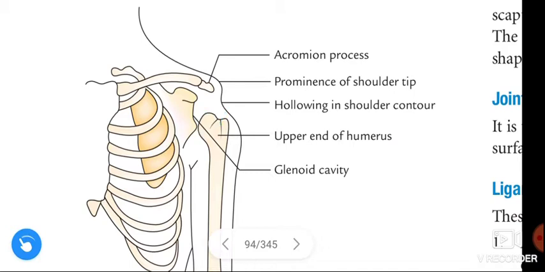The clinical features that you observe in the dislocation of the shoulder joint are prominence of the shoulder tip, see here, and hollowing in the shoulder contour. Okay guys, this is about the dislocation of the shoulder joint.